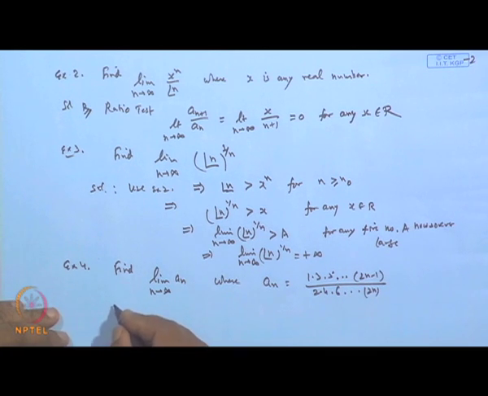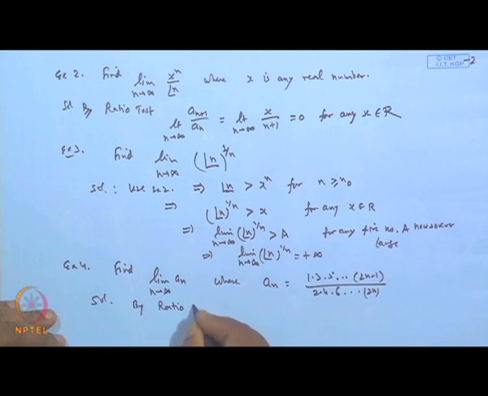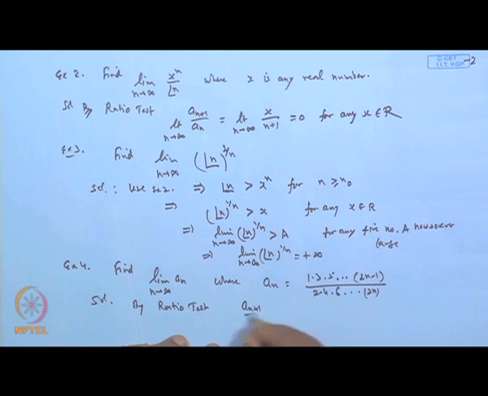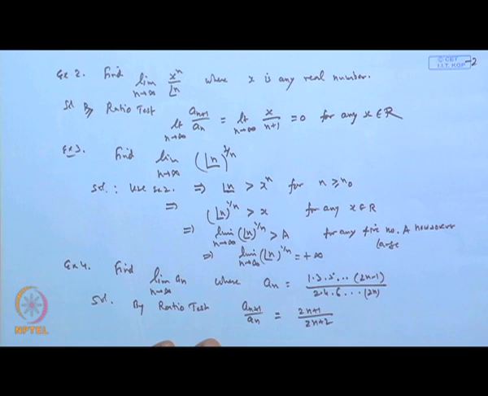So, apply the ratio test. a n plus 1 over a n comes out to be 2n plus 1 over 2n plus 2.